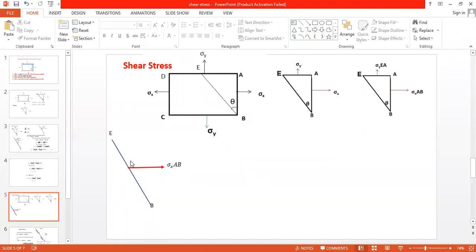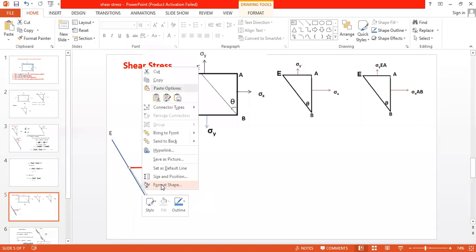Now we have taken the normal component for normal stresses. Now here we have to take the shear component or tangent component. Now the tangent component is like this. You can see it. It's perpendicular to the plane. Now I will increase the size of this.